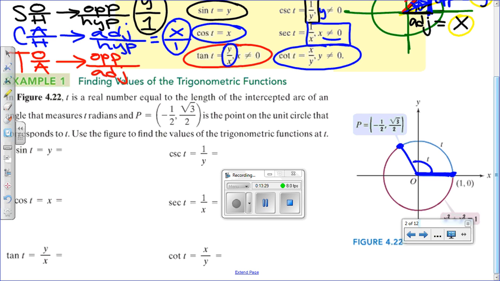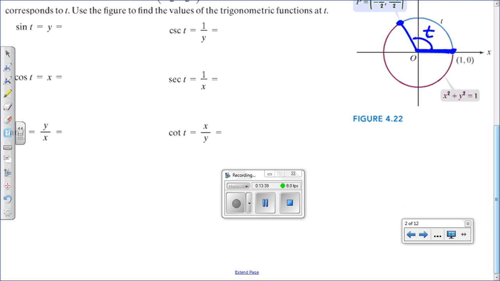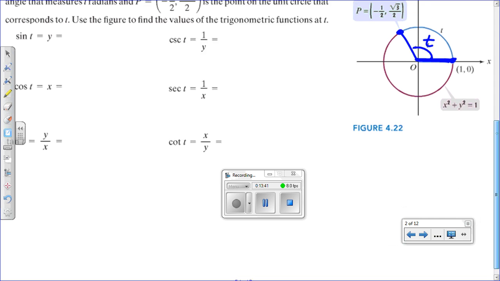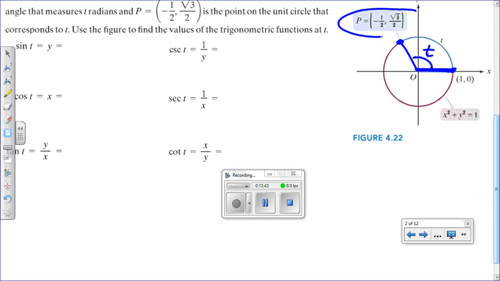That's standard position. So this angle, we're going to call it T. And because this is a unit circle, all I need is y and x, and then I can find everything else. So you can see the x and y coordinates here. This one is the x, and this one here is your y.